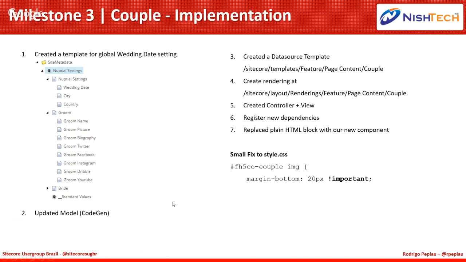Once we replace the HTML block, we noticed that we got to change a little bit the style CSS file, the one that comes from the experiment, from the CSS bootstrap template. We added an import because, again, SXA was injecting something that was conflicting with that.